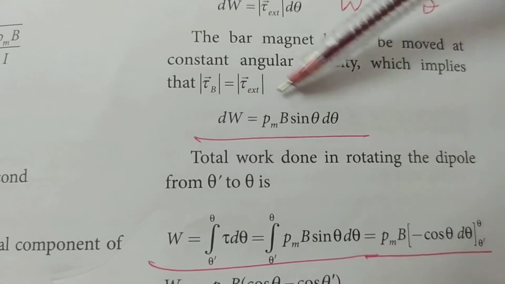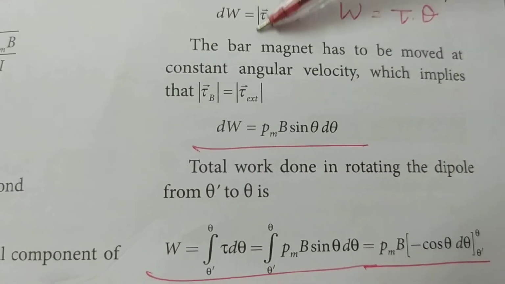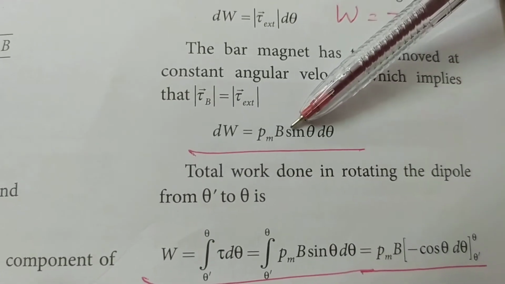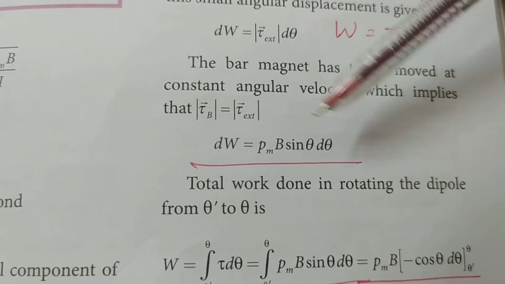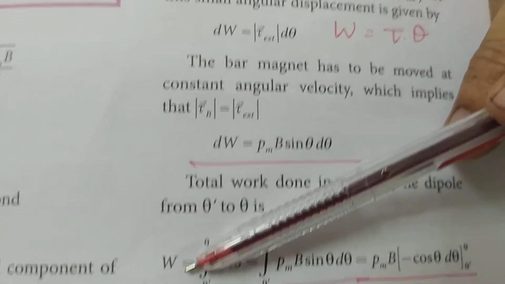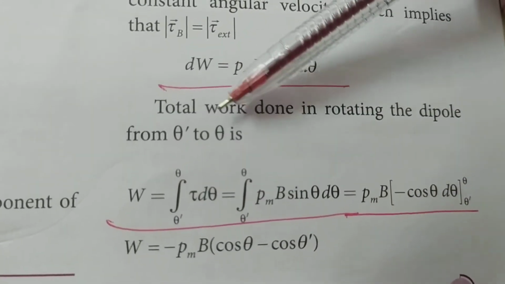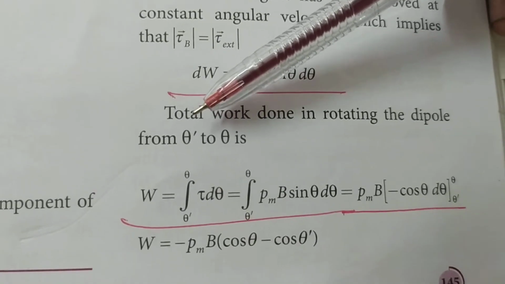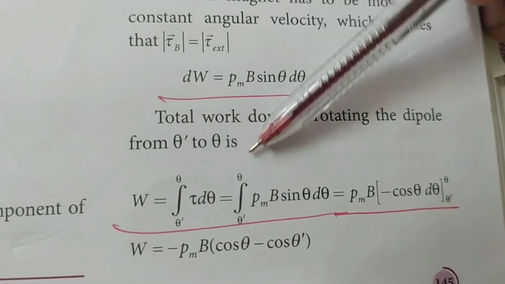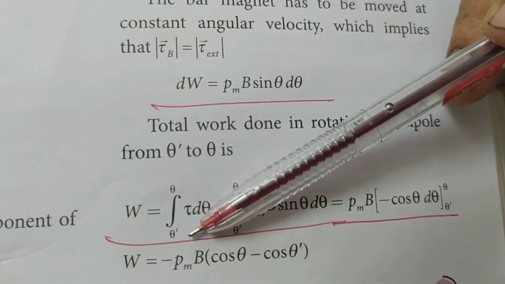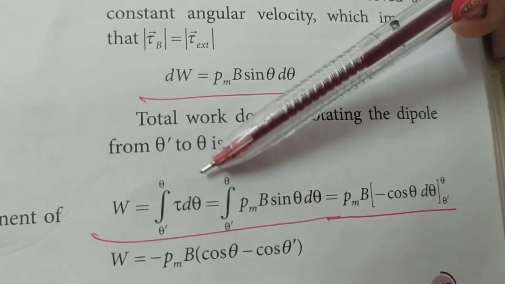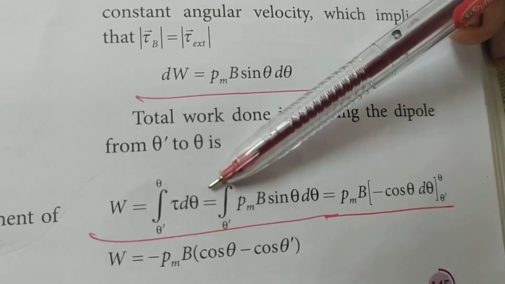So what is dW now? Instead of tau we can write PmB sin theta d theta. How can you find W from this? Initially, take the angle as changing from theta dash to theta. So you apply the lower limit theta dash and the upper limit theta to tau d theta.